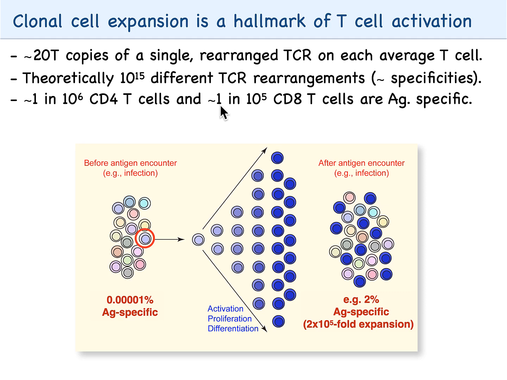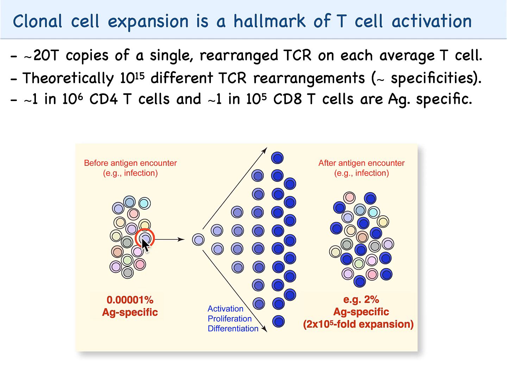MHC peptide complex. So that means that you have to have a very strong clonal expansion, like for the B cells. So before the antigen encounter, each of these T cells, with a different color, carries a different T cell receptor. And this one is, for instance, specific for a particular peptide from influenza loaded on MHC class 1. Yeah, so this is 1 in 100,000.